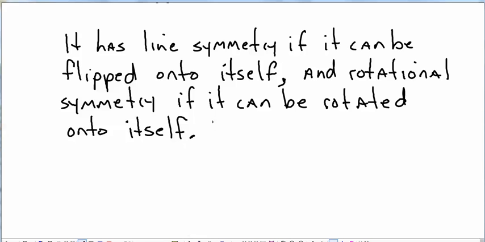And then add this: in 180 degrees or less. Line of symmetry.